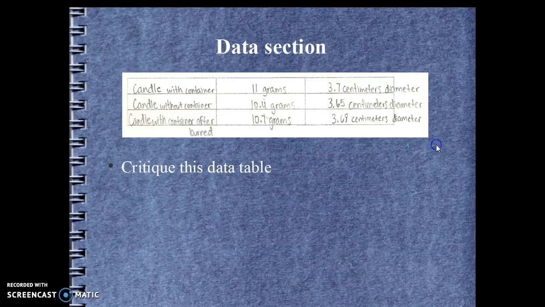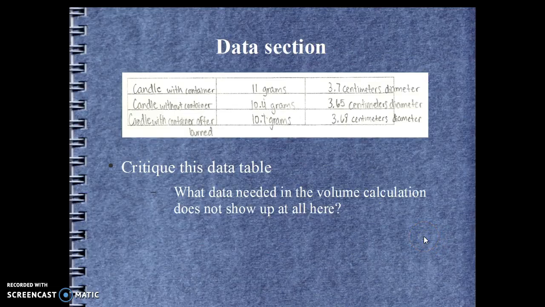You can see the mass and the length. Now you can critique this data table. What data is needed in the volume calculation that does not show up here at all? Well, it's the height of the candle.